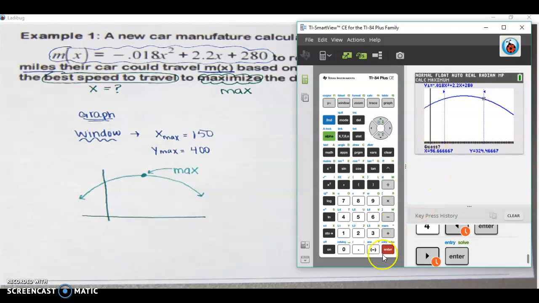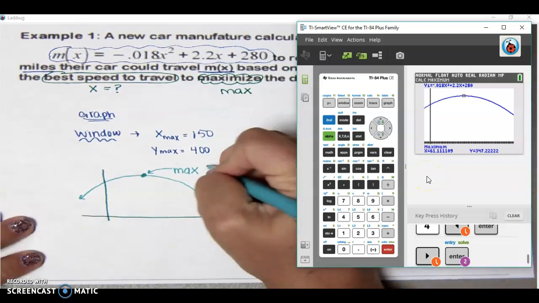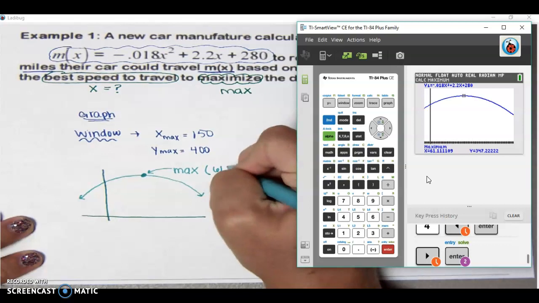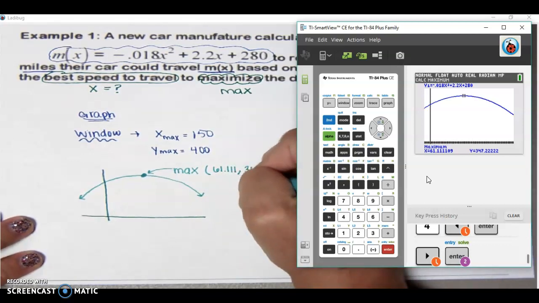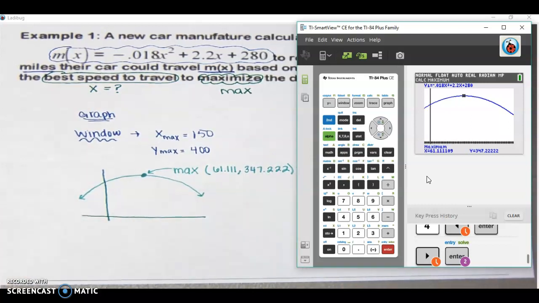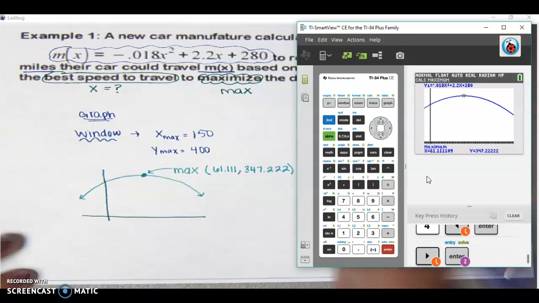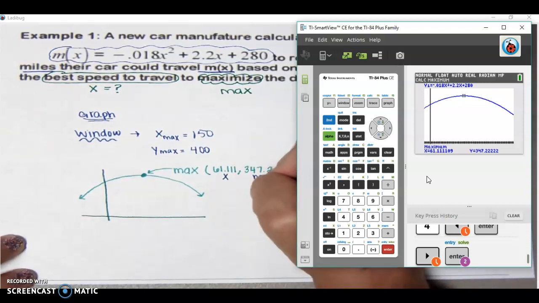Then it's going to say guess. You have to hit enter again. And now it tells you the maximum. We're going to round everything to 3 decimal places. So my maximum is at the point 61.111 and 347.222. So what we're given here, when you find this, is your x value and this is your maximum value.